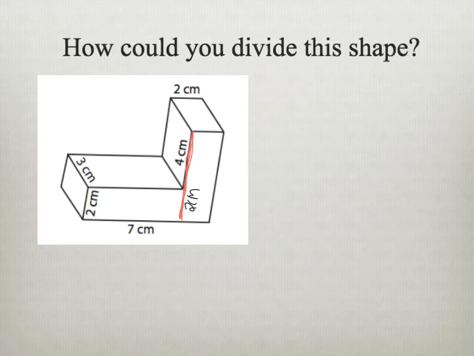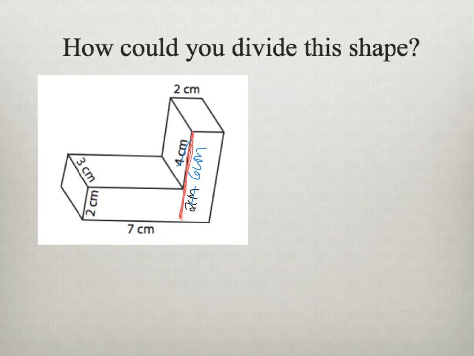So now thinking about the whole length, if this part is 4 centimeters and this part is 2 centimeters, how many centimeters would that whole piece be? The whole piece would be 6 centimeters. So that means that our length here and here is a 6 centimeter length.